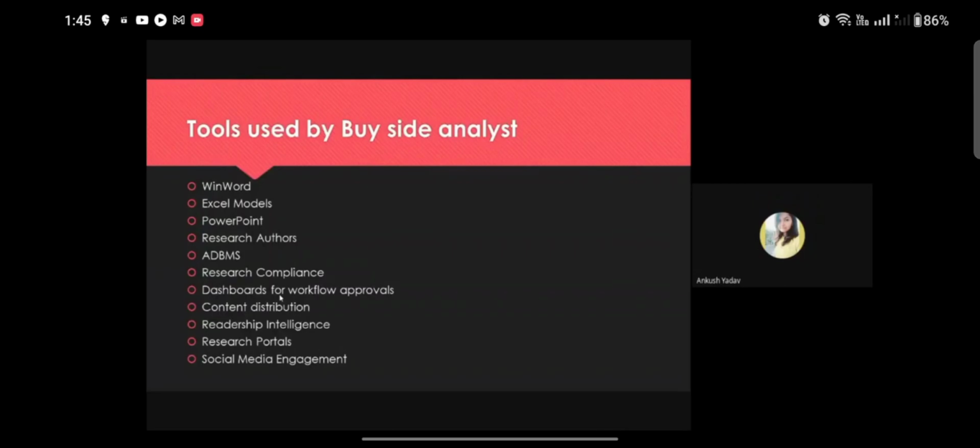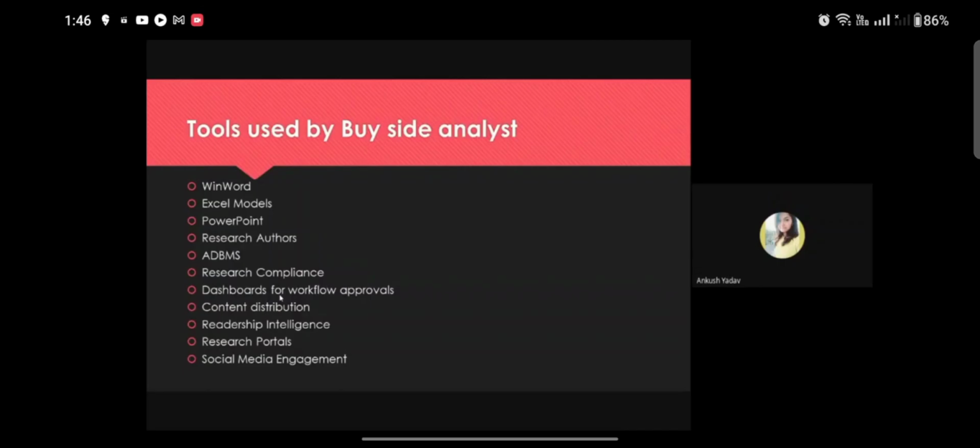Then we have readership intelligence. Anyone know about readership? Okay, so readership is like, I'm an analyst and I have published my report. Now, how am I going to know how many people have read my report? I have published it over the portal, by email, or on Twitter.